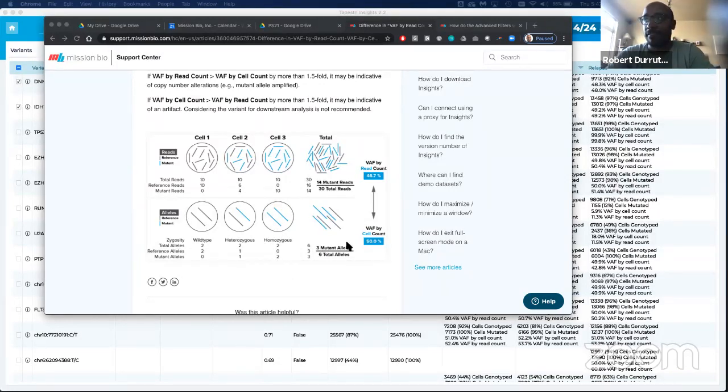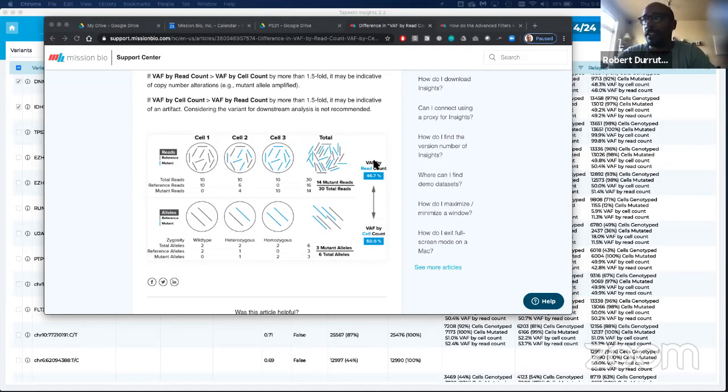And so the equation here is slightly different from the equation above: we divide the number of mutant alleles by the number of total alleles. In that case, we binarize this number, and we get 3 divided by 6, giving you 50%. So what you'll see is that this difference shouldn't be discrepant.